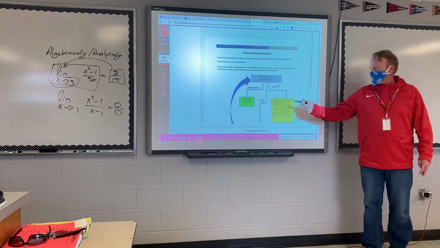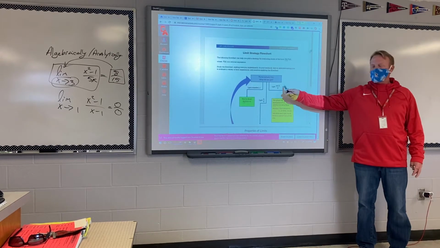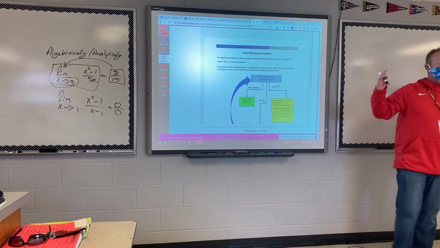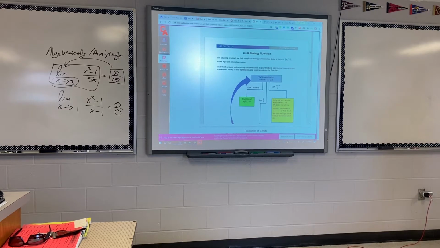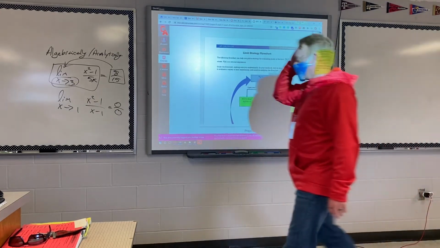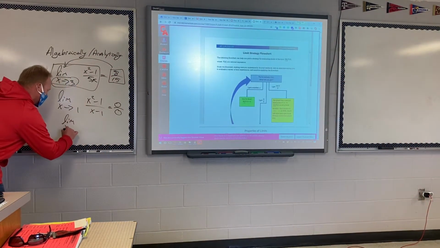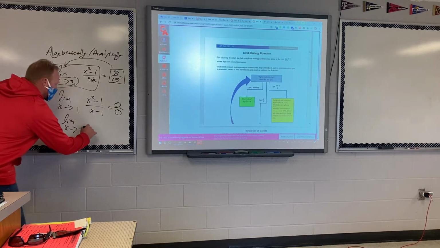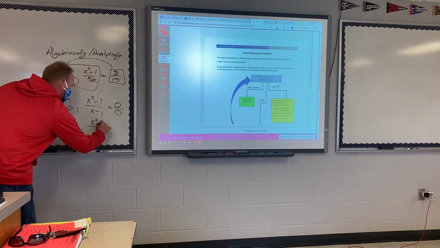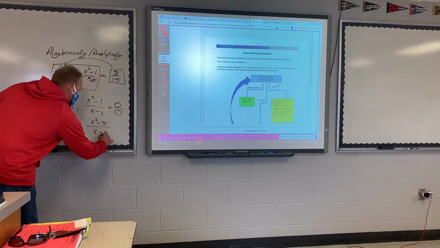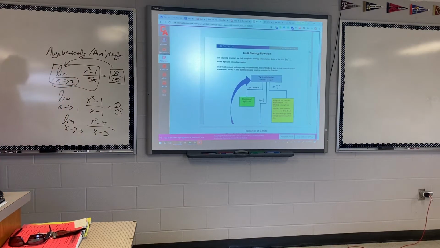Last one. I plug in and I get not 0 over 0. Instead of not 0, I like to say number. So I plug in and I get a number over 0. Here's an example of that one. I have the limit as x approaches 3 of x squared minus 5 over x minus 3.